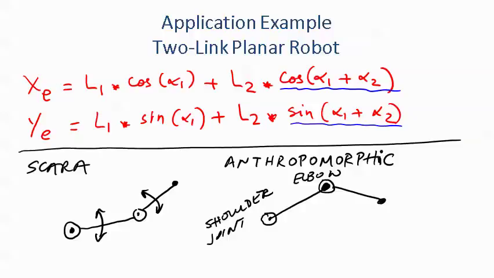So as you observe, and if you look in the literature or on the web, the analysis of this two-link planar robot has applications in prosthesis and traditional industrial type robots.